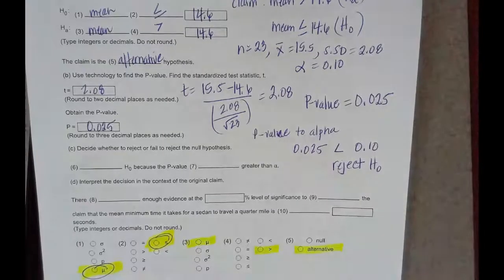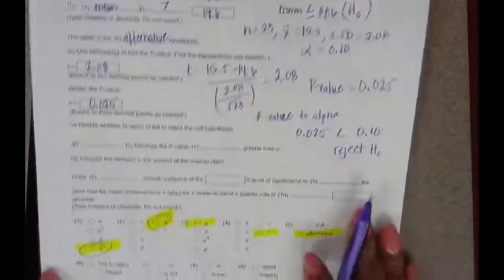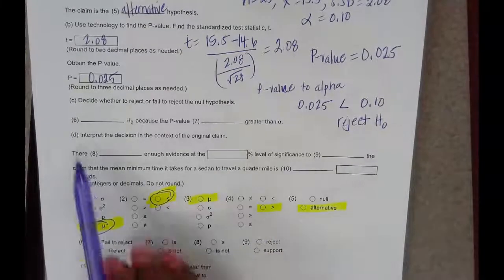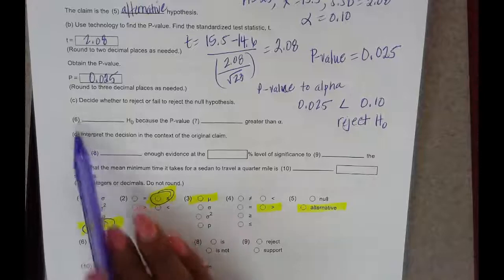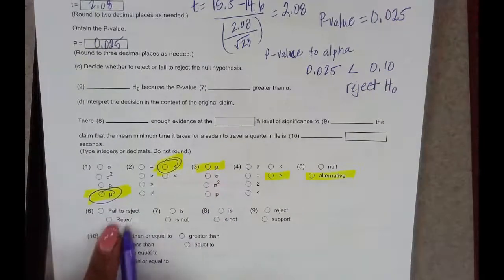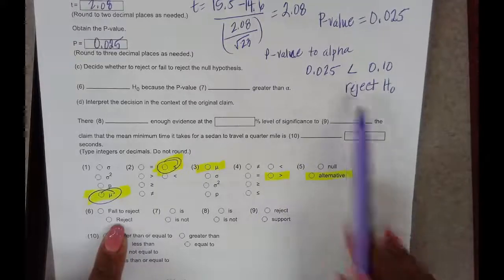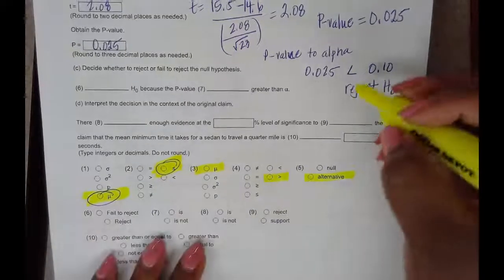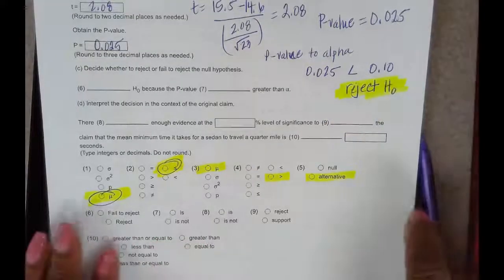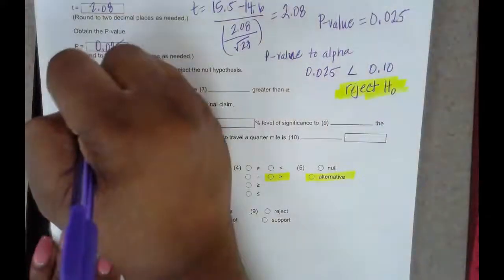Okay? So now we're at our decision making. Look down at the bottom of your page, you see your choices. So number 6 said we are going to either fail to reject or reject. Well, we are rejecting our null.